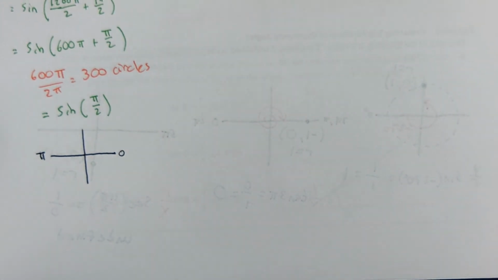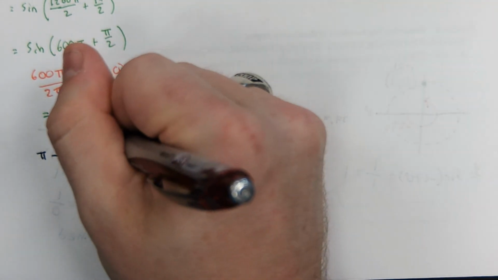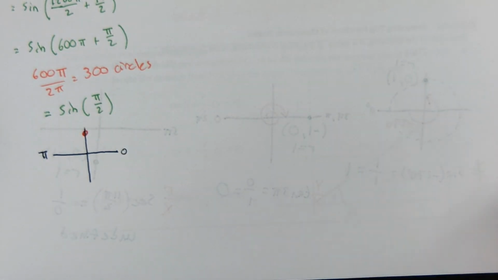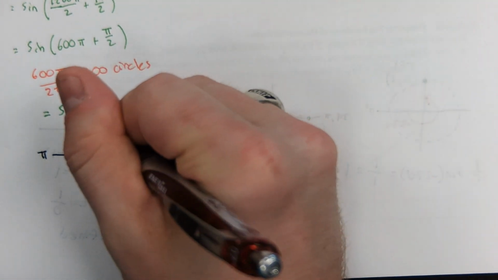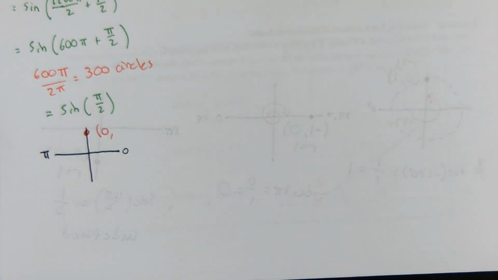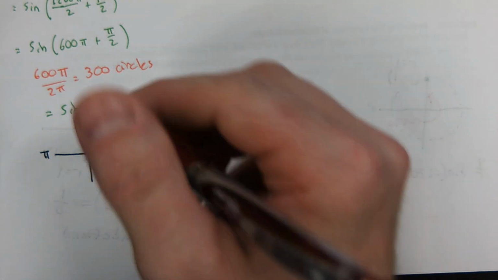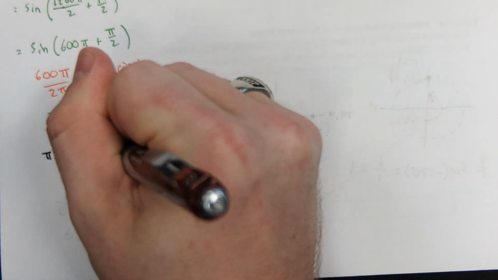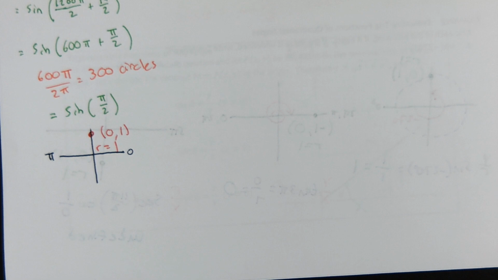Pi over 2 is halfway between 0 and pi. It is here. That's the positive y-axis. On the y-axis, there's no x. We could pick a value for y. Pick one. It doesn't matter. 1 sounds good. What's the radius of that circle then? 1. All right.